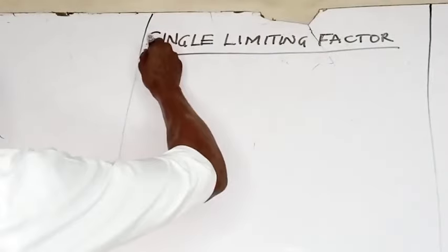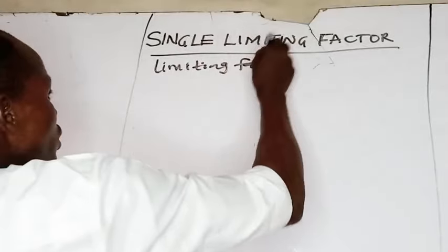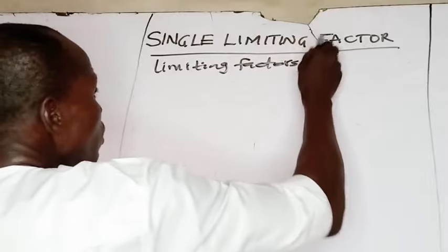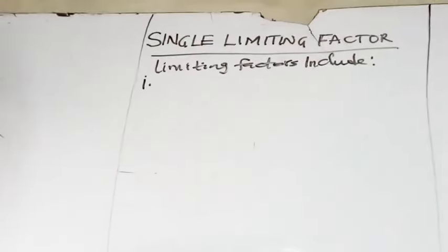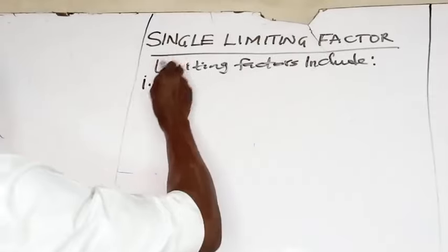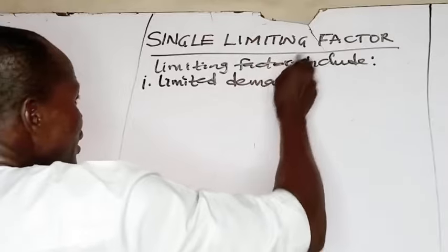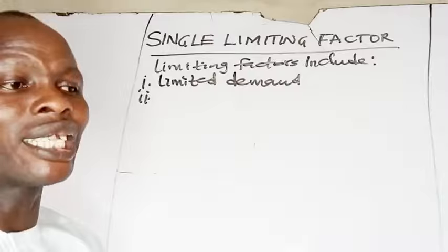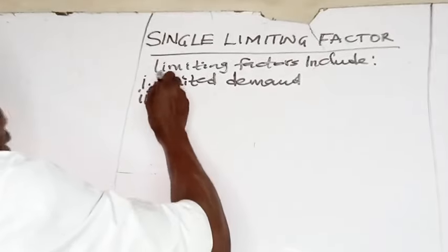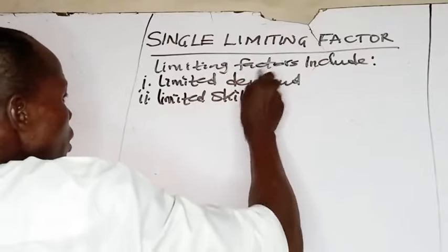So these factors include, number one, limited demand, where demand is limited. Number two, limited skilled labor.